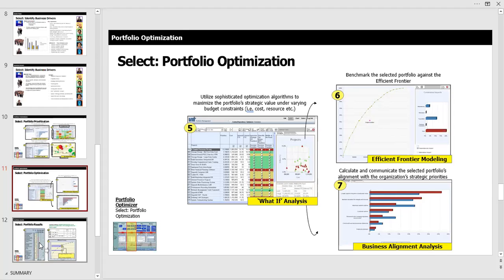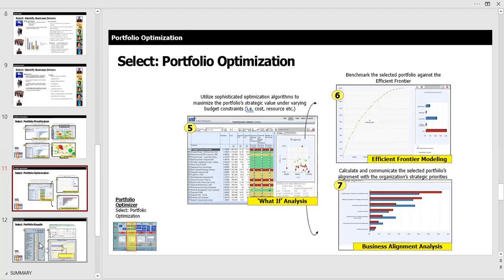And that is where we begin to utilize something known as the efficient frontier. Now, the efficient frontier is a finance concept. It's not necessarily a project management concept. You can look it up. It's pretty standard. It goes back to the 50s. Very famous economist came up with it from the University of Chicago.